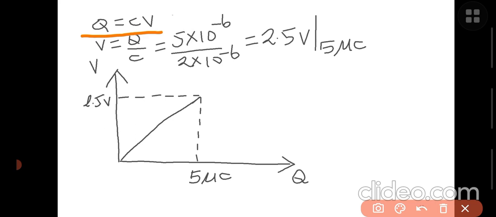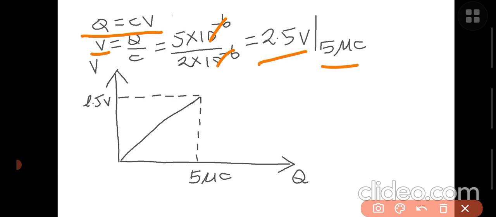From this formula, we can write V equal to Q by C. Q, that is charge, is given as 5 microcoulomb, that is 5 into 10 to the power minus 6, divided by capacitance value 2 into 10 to the power minus 6. So we can cancel out 10 to the power minus 6 in the numerator and denominator. As a result, we get 2.5 volt for 5 microcoulomb.